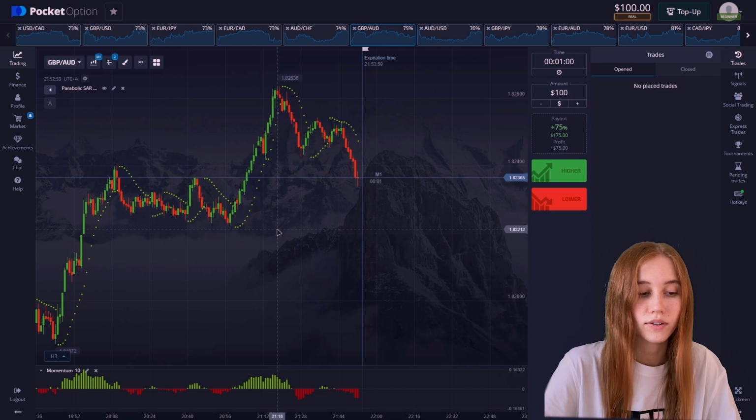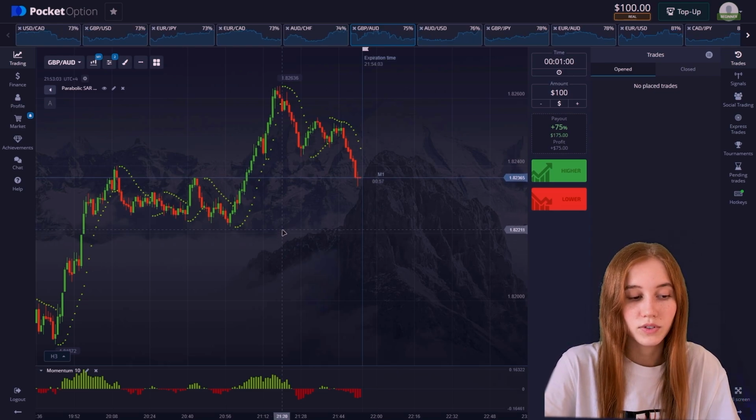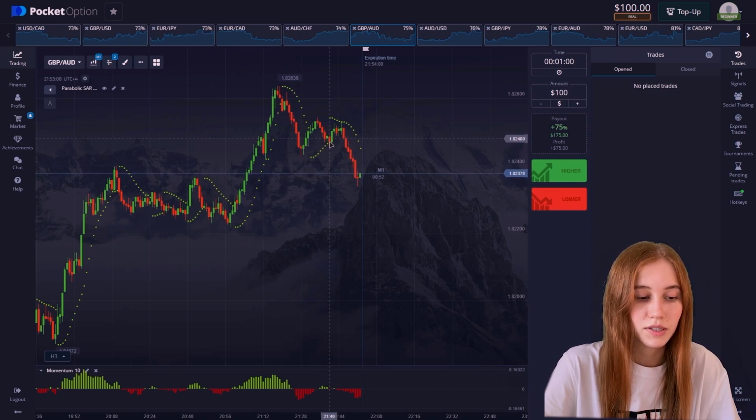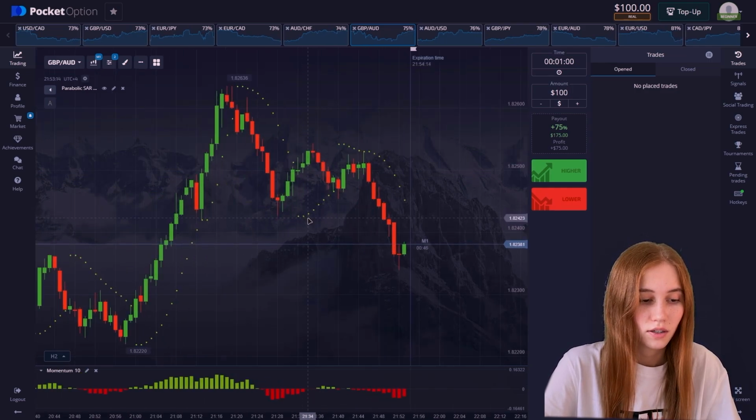At its core, the indicator is similar to a moving average, with the difference that it moves with different acceleration. Let me explain. You see points here. When the chart intersects these points, the trend is changing. Let's zoom.